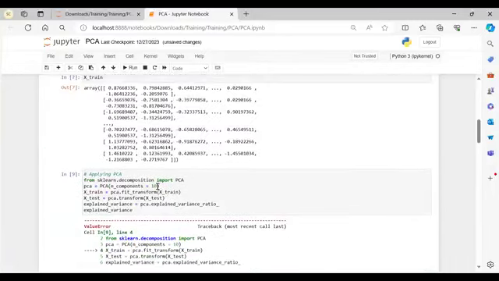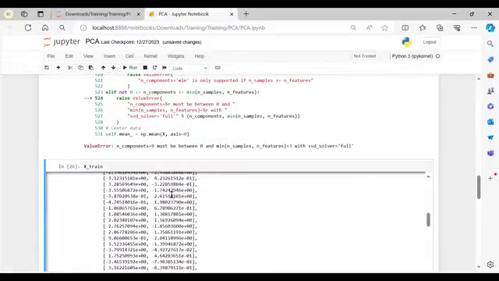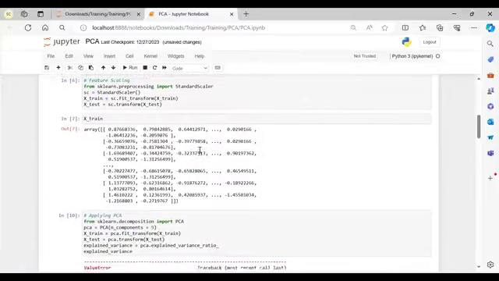Okay, 10 is not possible. What is it saying? Must be between 0 and minimum of n samples and features.